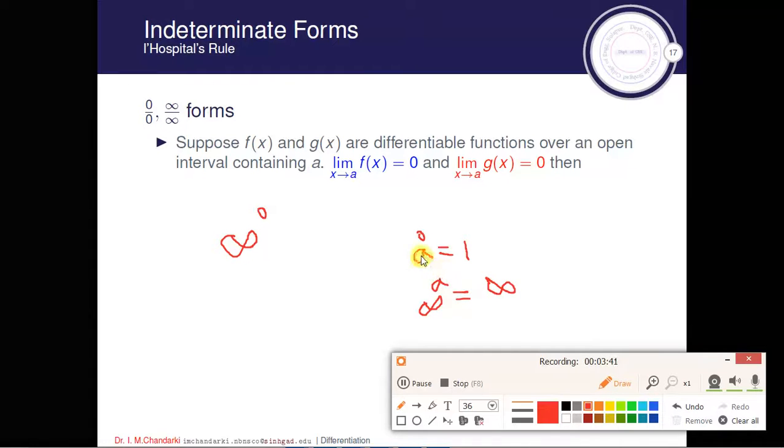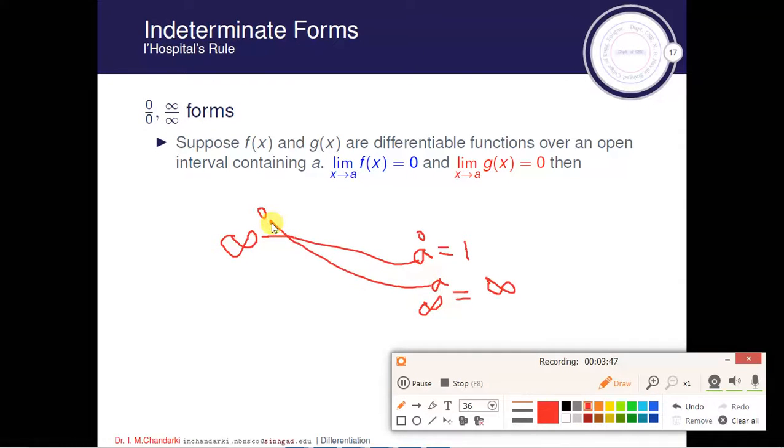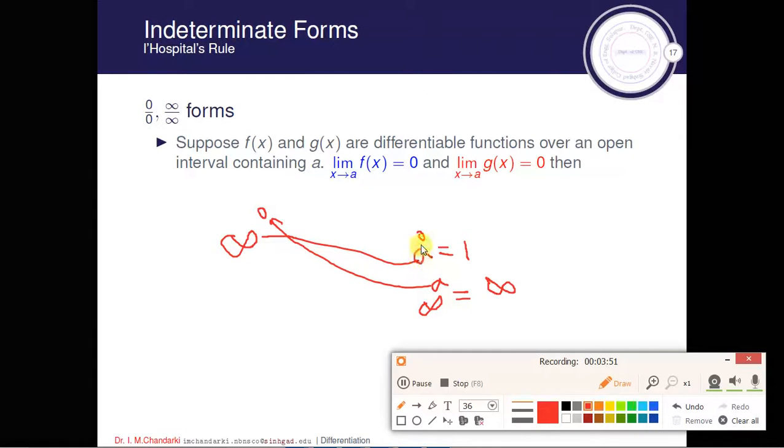So if I replace a by infinity in one expression, or a by 0 in the other, we get infinity raised to 0, which has two values, and that's why infinity raised to 0 is nothing but an indeterminate form.